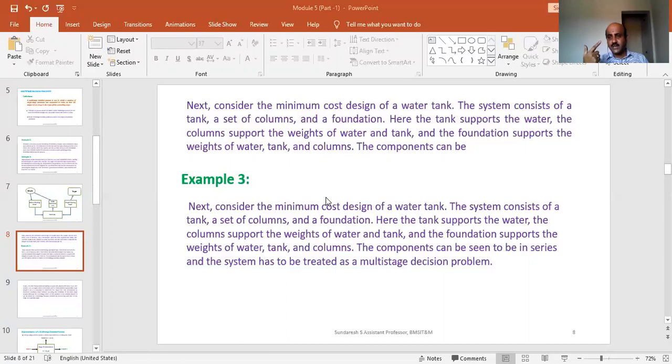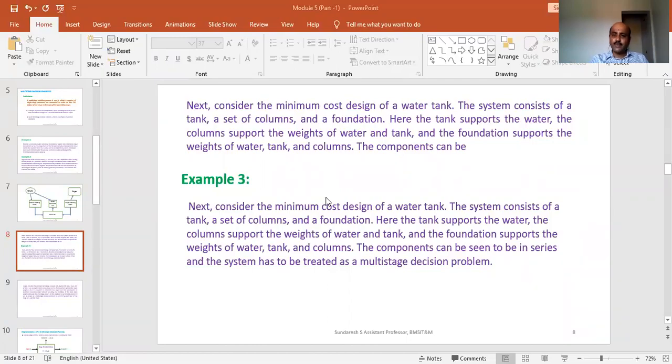Look at that. Again, it is a sequential decision problem where we need to make the decisions of designing the tank, the column, and the foundations. This is where our optimization or dynamic programming technique will come into the picture, and we're going to consider it as a sequential multi-stage decision problem.